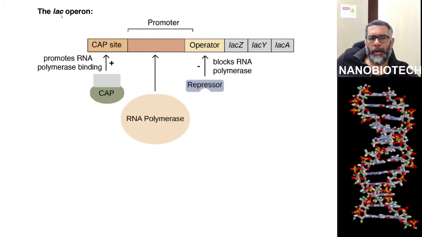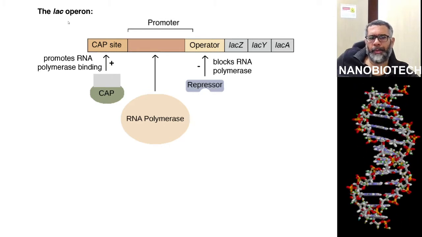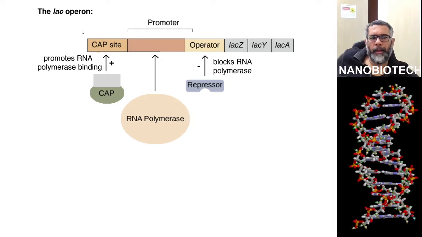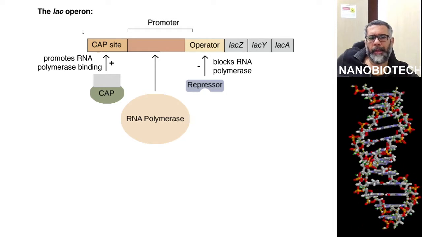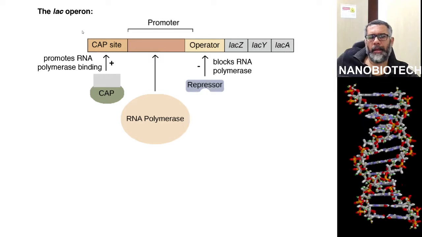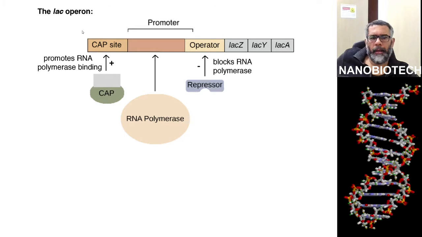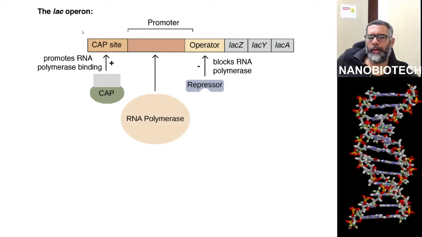It turns on only when the sugar lactose is present and other preferred sugars are absent. The inducer in this case is allolactose, a modified form of lactose.